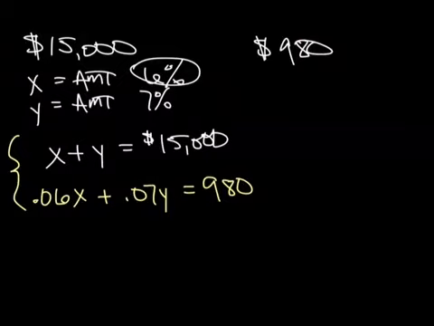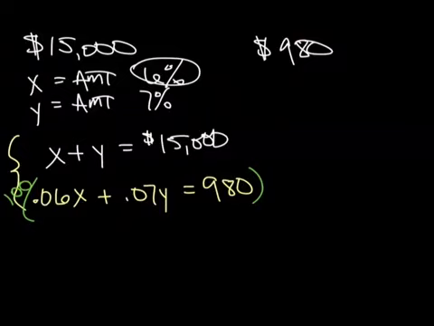Again, I don't like dealing with decimals or fractions, so if we can get rid of these decimals, that would be great. So what position is this? This is 2 over from the decimal, right? And this is 2 over. So that means we multiply the entire thing by a number that has 2 zeros, 100.